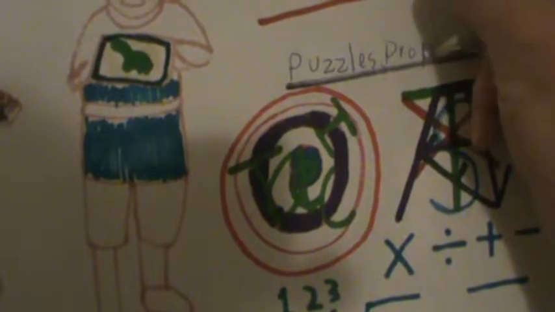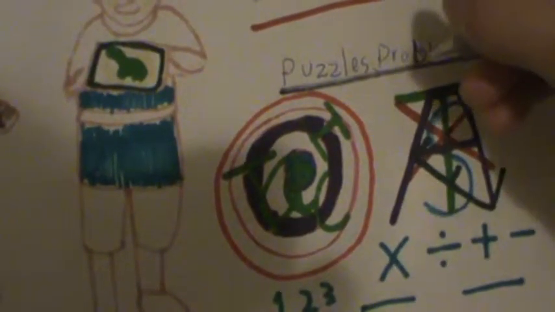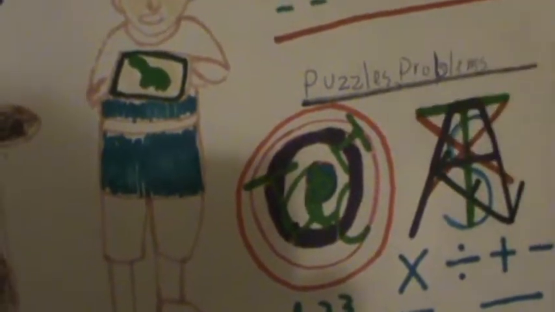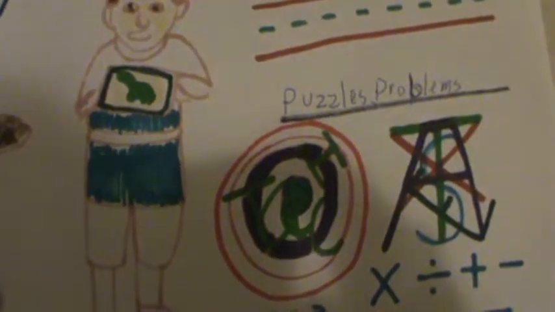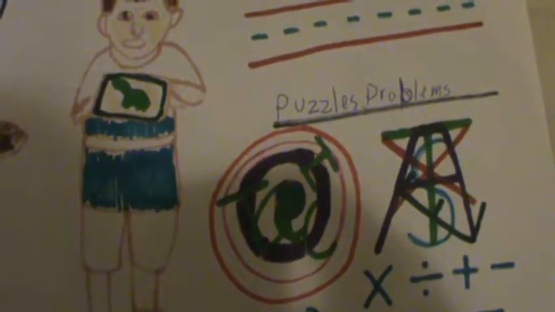You get the problems right there. It's like P for problems solved, or anything like that. You've got the puzzle and then all the problems.